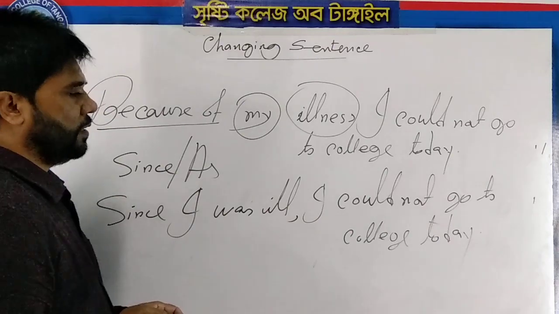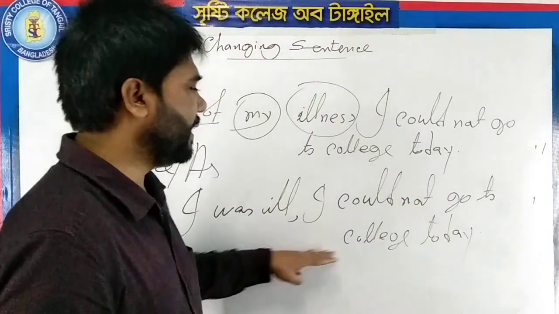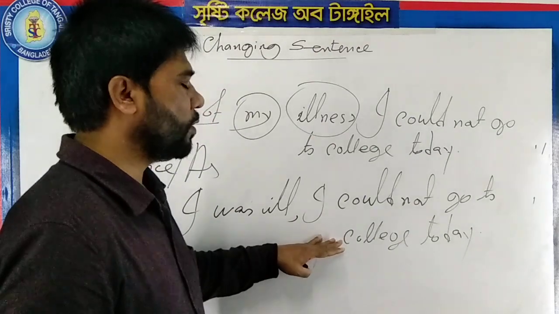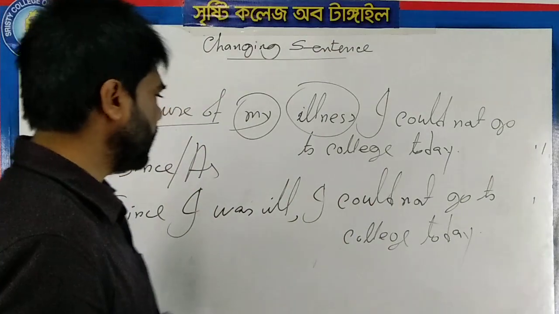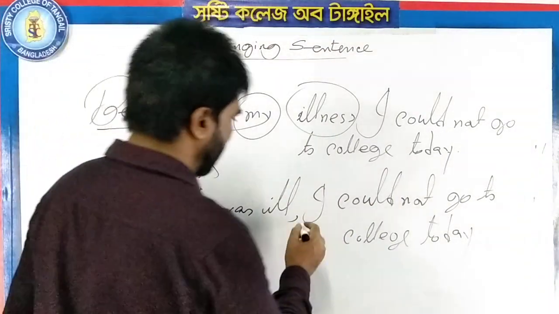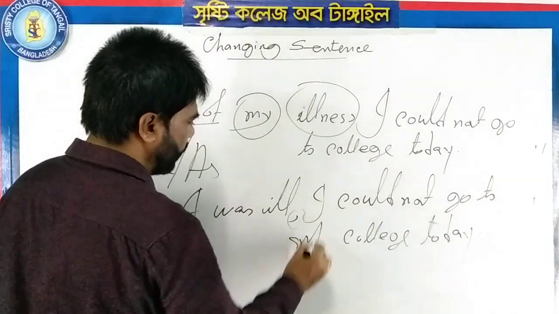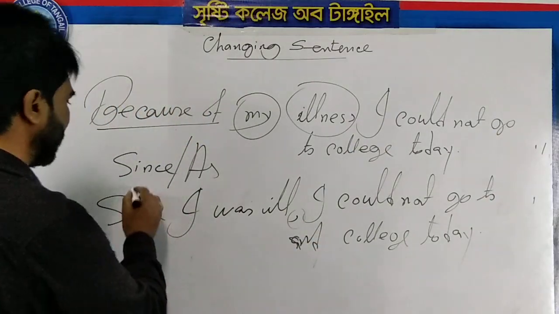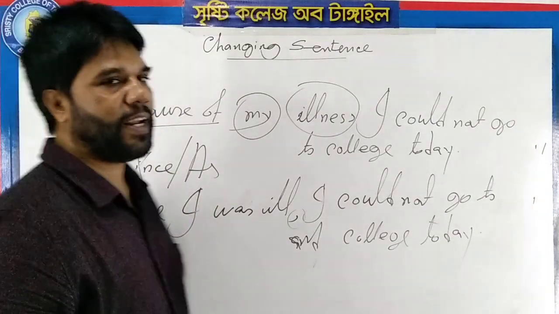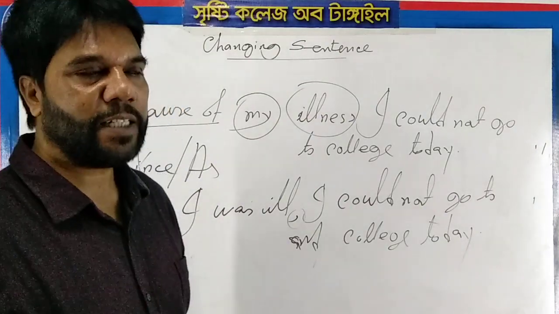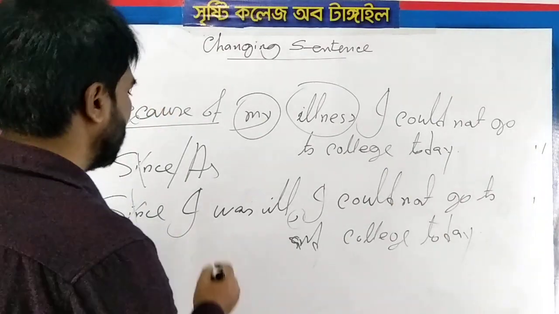When you go to change this sentence from complex to compound or from simple to compound, at the place of the comma we have to use only the conjunction and. Since, as, because will be excluded. That means we have to deduct those, we have to minus those.